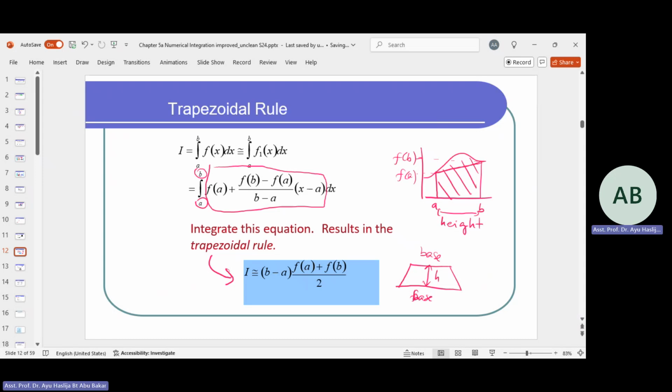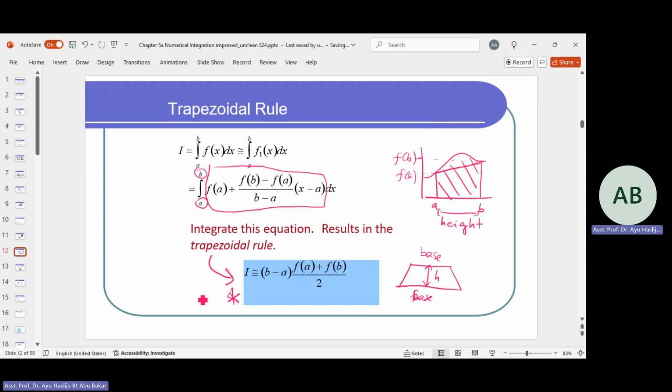So in numerical methods, you straight away use this equation. You don't need to integrate the mathematical way.